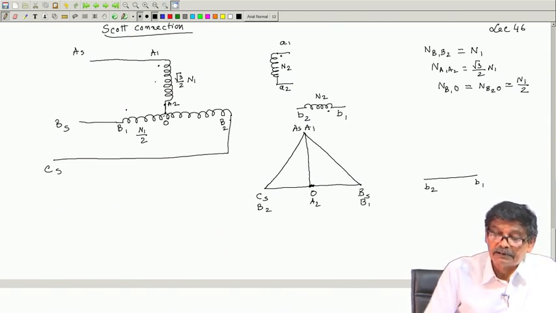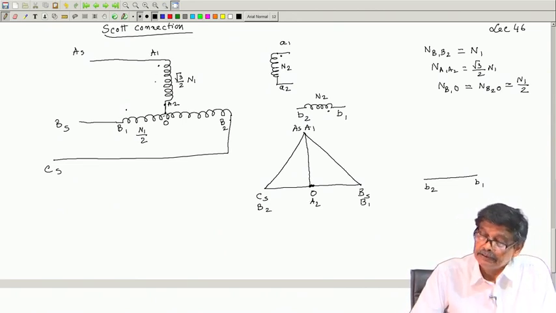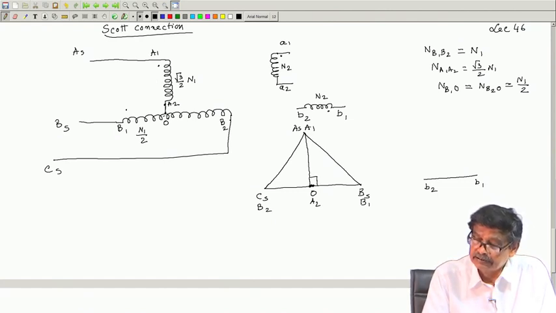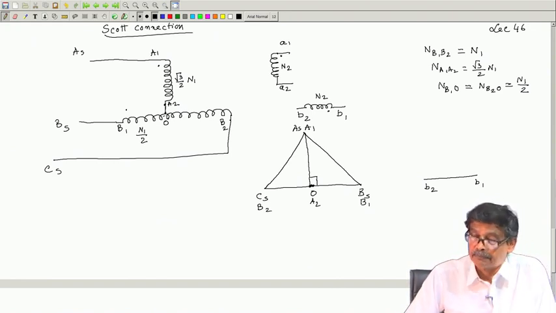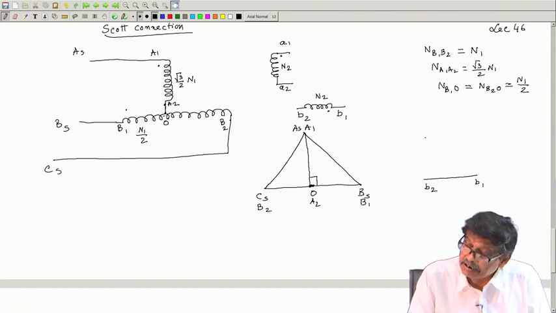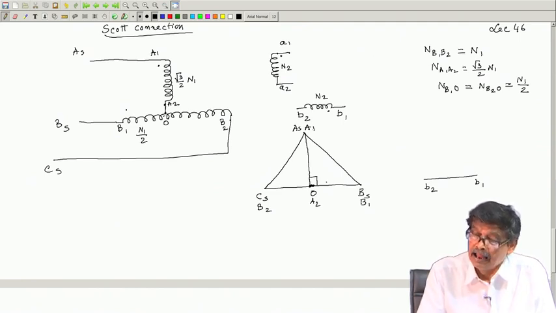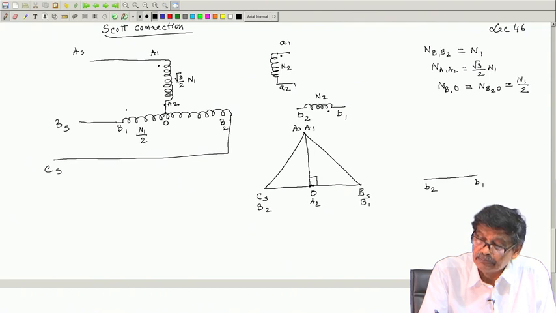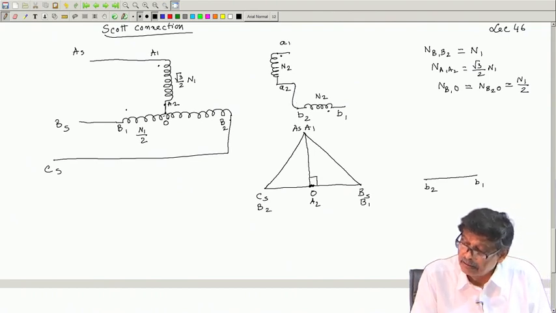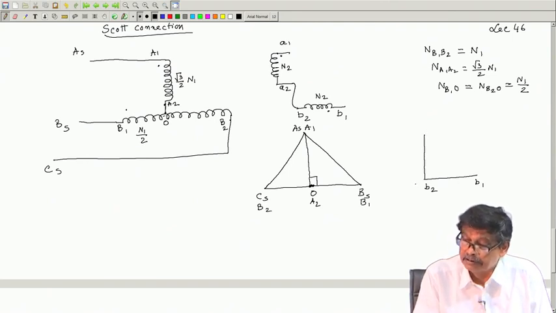Therefore, the voltage applied across the primary of transformer A is this one, which is at 90 degrees to the voltage applied to the transformer primary B. Therefore, you will get a voltage here which will be parallel to A1 A2, and if you join this A2 and B2, then the phasor diagram tells you that this will be A1, this will be A2.